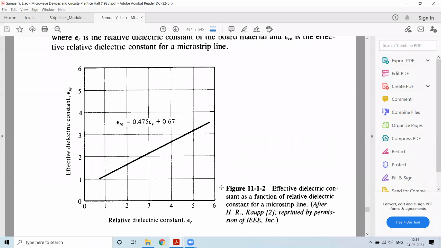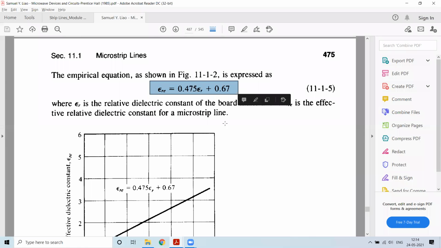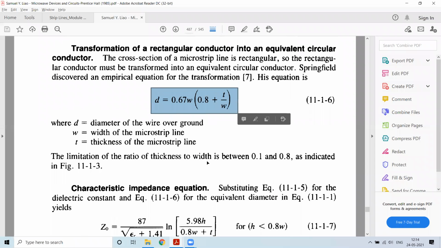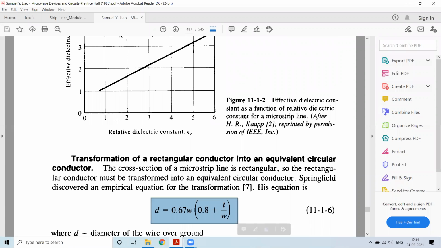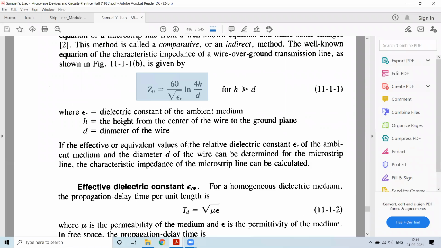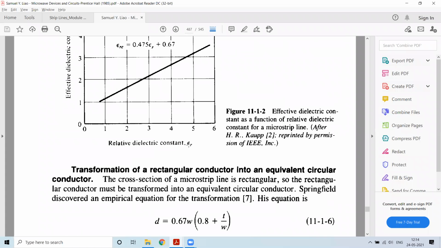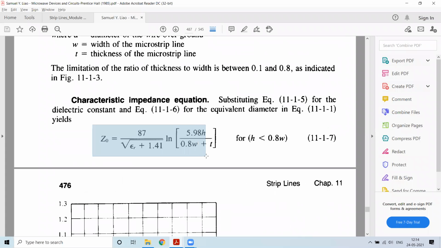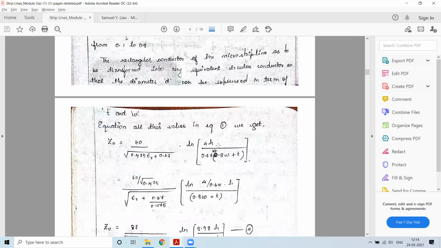So what we do is we substitute these two equations, epsilon re and the d equation, in the Z naught equation which we had observed here. And when we substitute and simplify it, we end up having this parameter, as you can observe here.